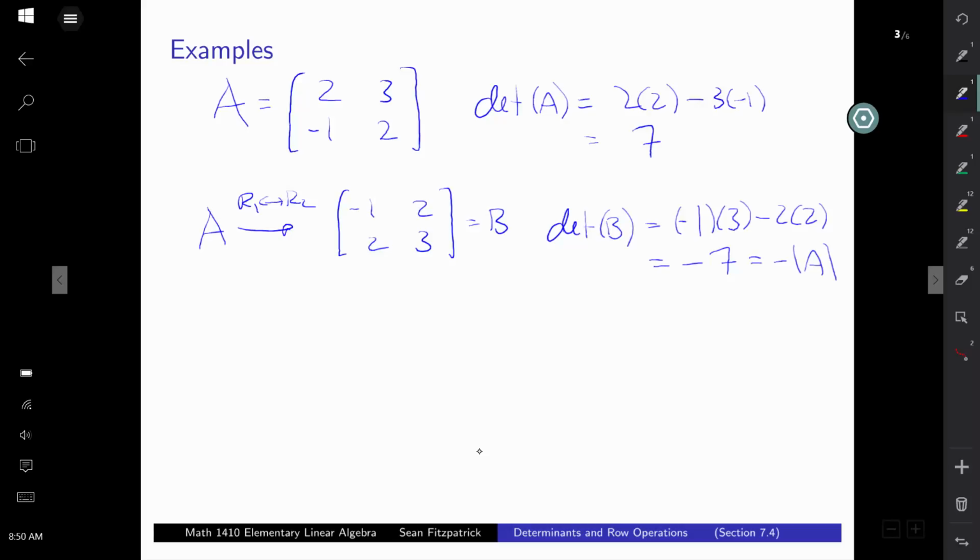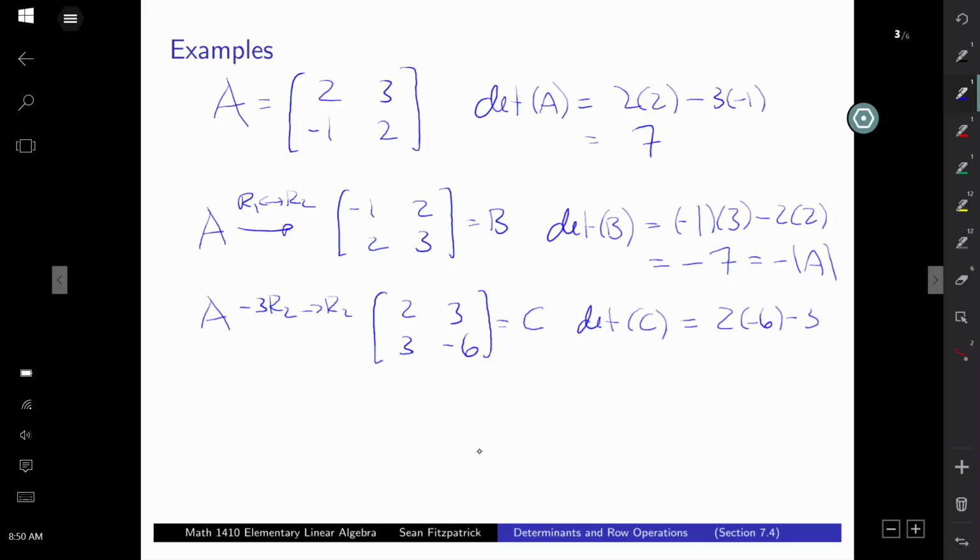If I take my A and do minus 3 row 2 to row 2, I get 2, 3, 3, minus 6, and let's call that C. The determinant of C is 2 times minus 6 minus 3 times 3, so that's minus 12 minus 9, that's minus 21, which is minus 3 times 7, so minus 3 times the determinant of A. If I did the third type of row operation, let's say row 1 plus 2 row 2, I want to create a 0. 2 plus minus 2 is 0. 3 plus 2 times 2, so 3 plus 4 gives me a 7.